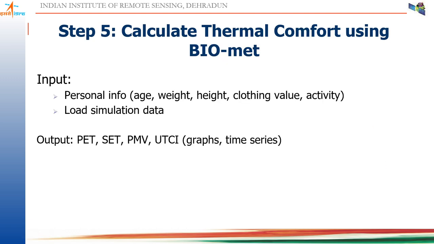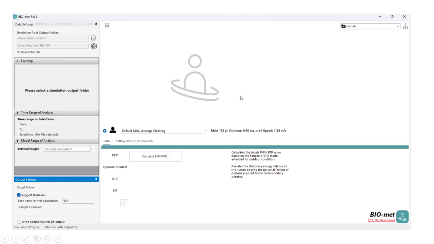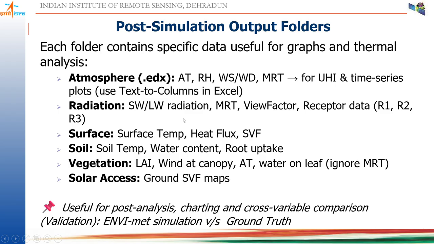The fifth step is to calculate the thermal comfort indexes using BioMet. Assign the personal info and clothing value also. This is the dashboard. PET, UTCI, SET we are able to calculate. And this is the last slide of ENVI-met.